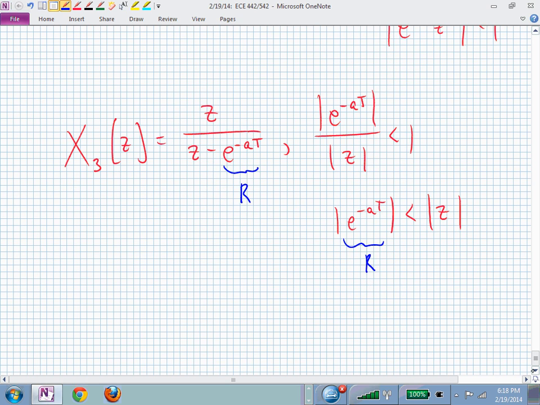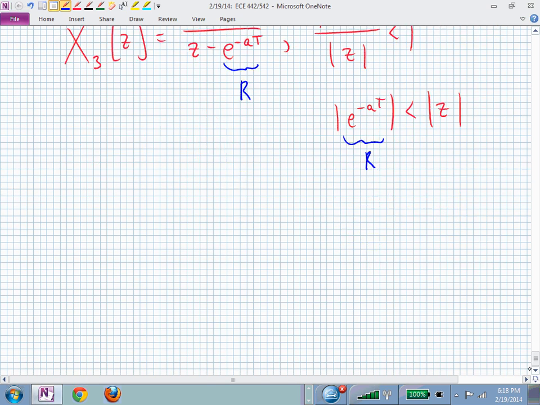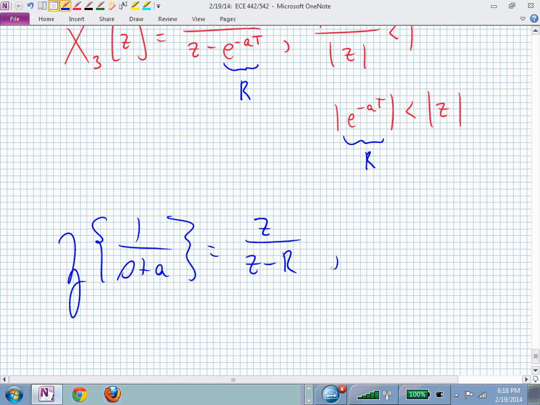So that we now have found that the z transform of 1 over s plus a is equal to z over z minus r for z bigger than r, and r is this e to the minus at.